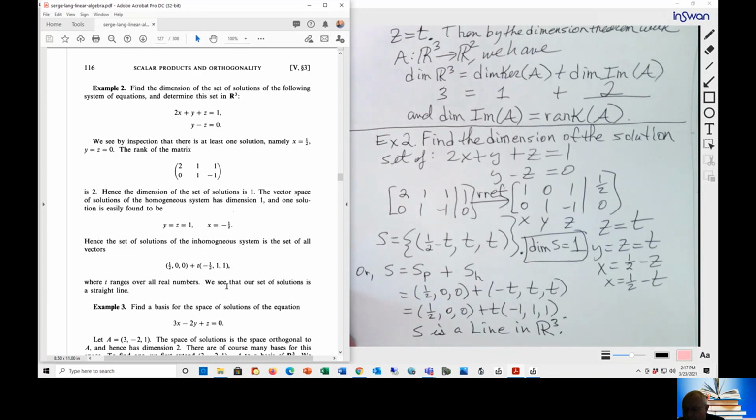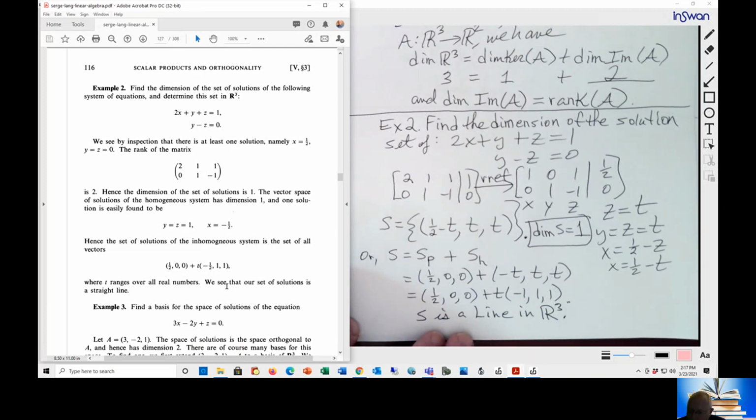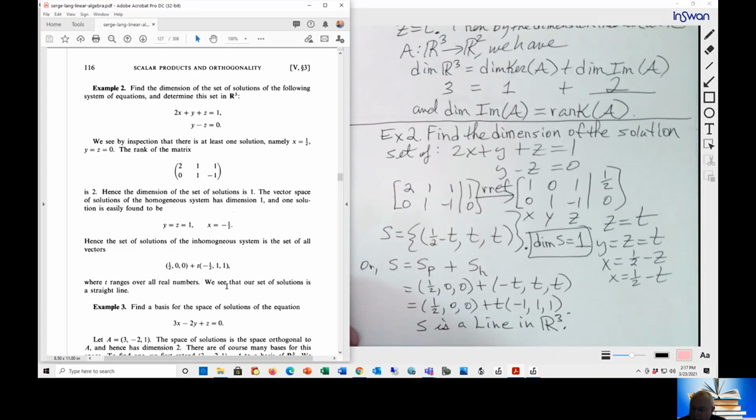And we have our 3 columns with our 3 variables, x, y, and z. And so we clearly see that z is the independent parameter. So let z equal, say, the parameter t.